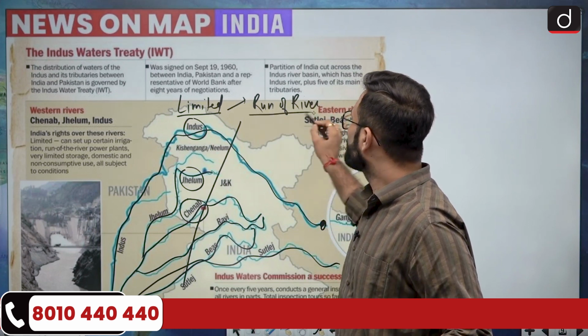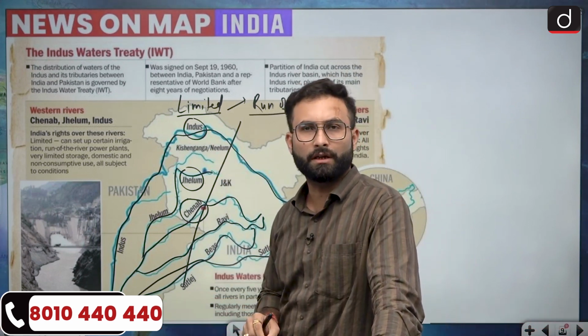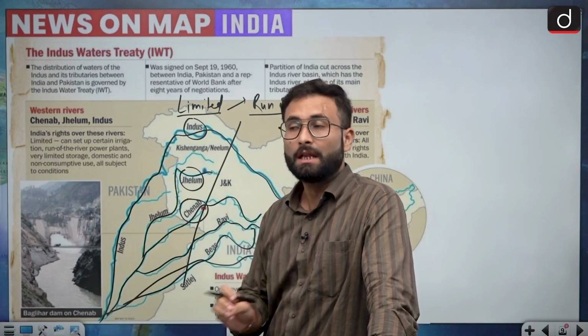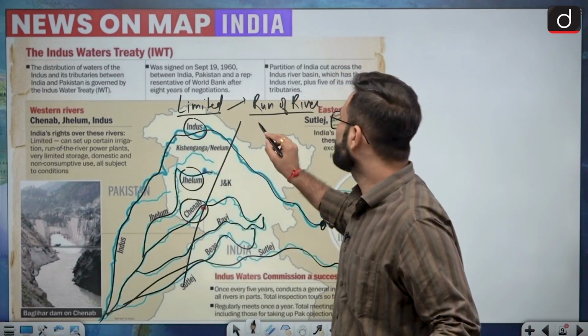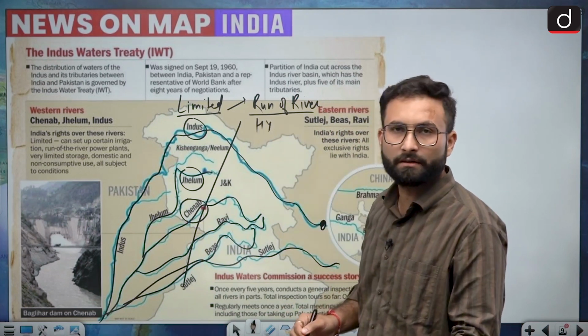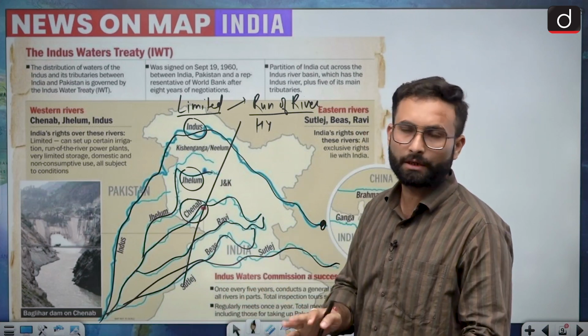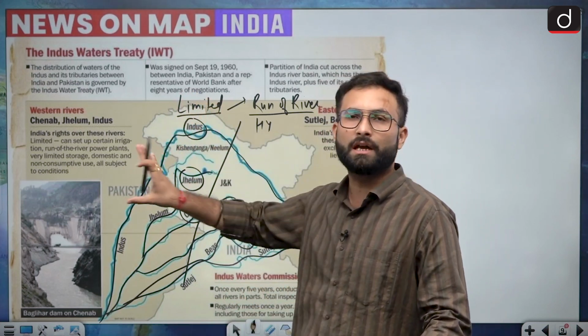We cannot go for storage of the water of that river, or 80% of the water we cannot store, we can only use 20%. But here we can go for hydropower projects, where we are just using the running water and not storing it. So in these three rivers we have limited rights.